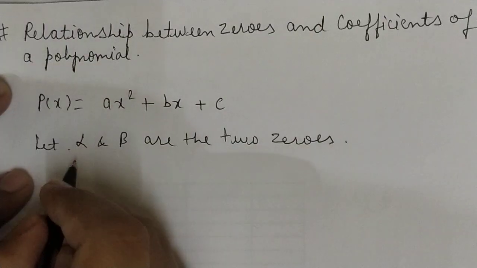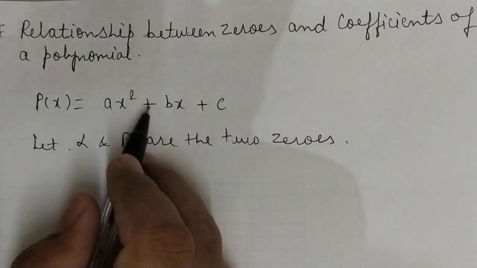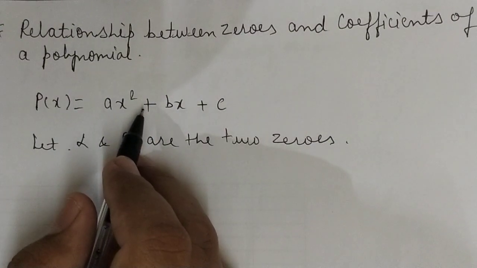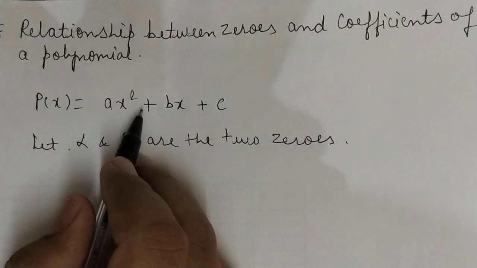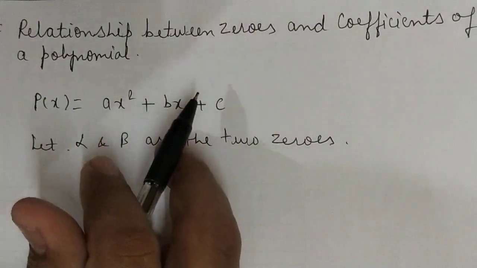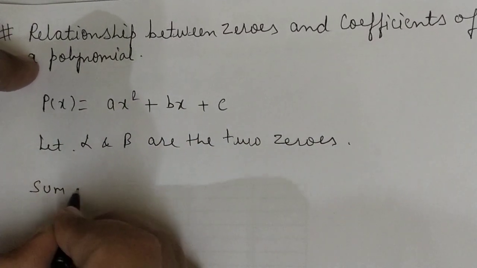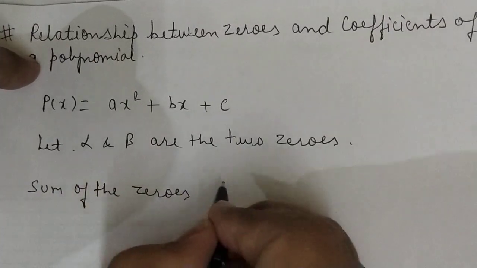Now in this topic, you have to detect the coefficients of the polynomial and find the relationship between the zeros. With respect to the relationship between the zeros, we will be discussing the sum of the zeros and the product of the zeros. Clear? So first you will have to find the sum of the zeros.